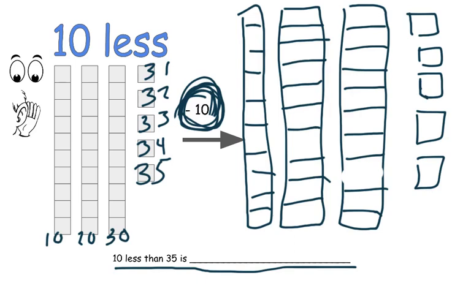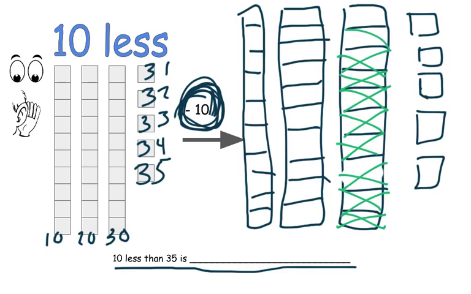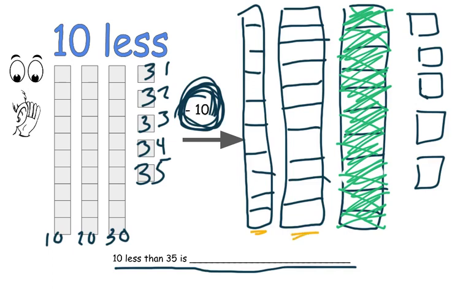So, here we go. We have 1, 2, 3, 4, 5, 6, 7, 8, 9, 10. So we are taking away this whole 10. So we have 10, 20, 21, 22, 23, 24, 25.